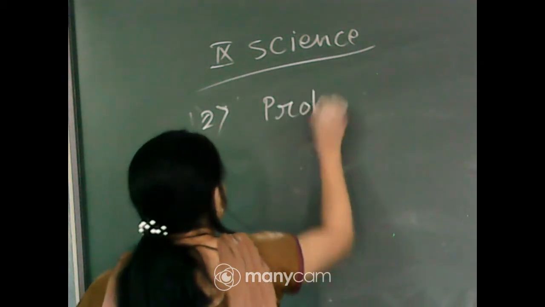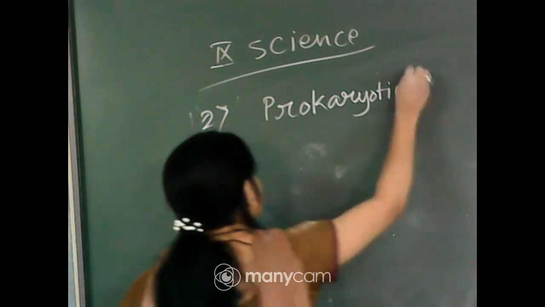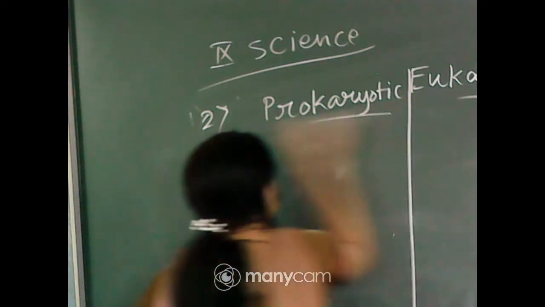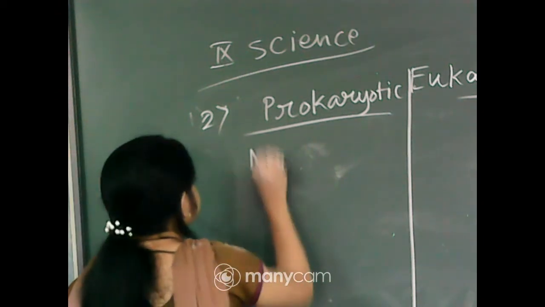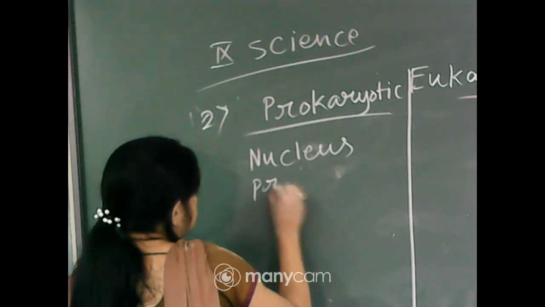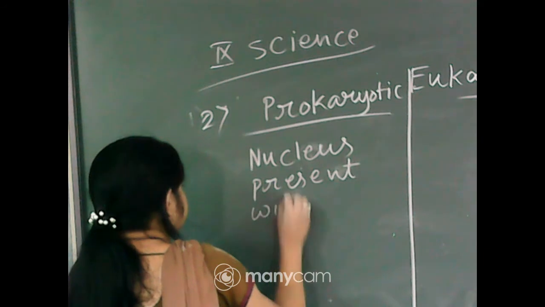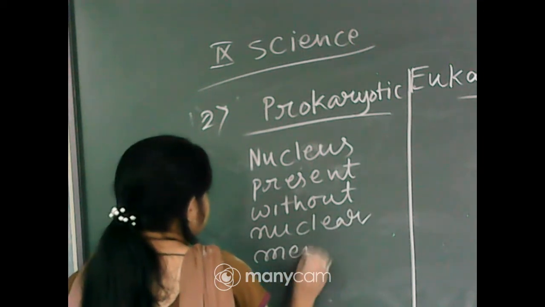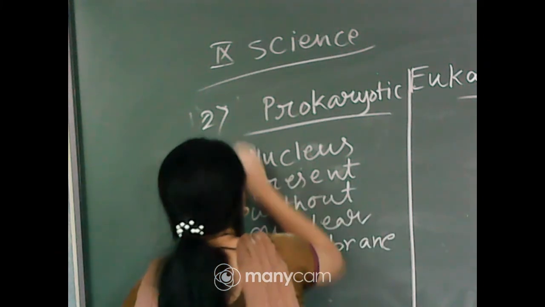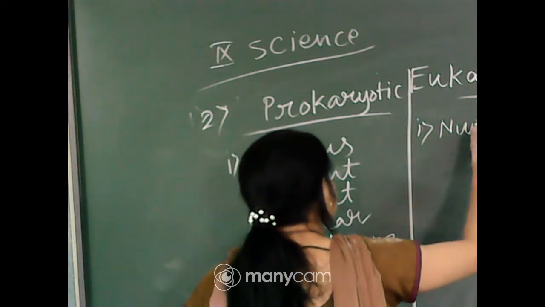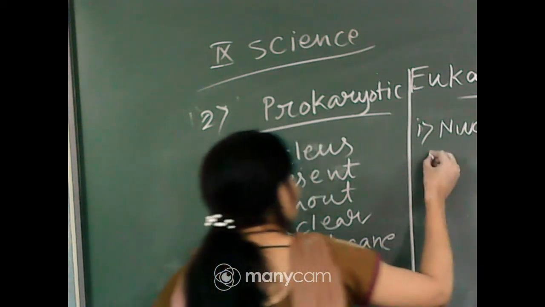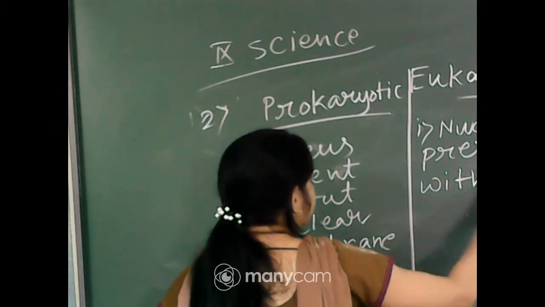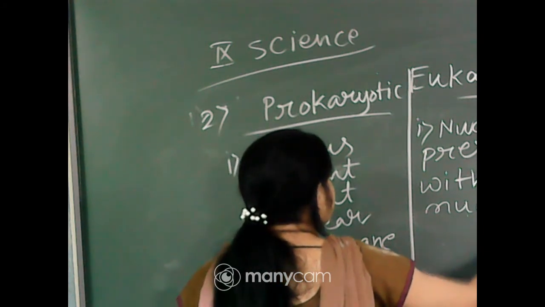Number 2, prokaryotic and eukaryotic. First one: in prokaryotic cells the nucleus is present without nuclear membrane, and in eukaryotic cells the nucleus is present with nuclear membrane.